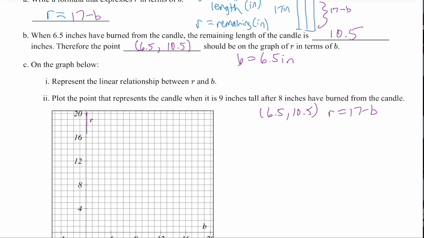They have been counting by ones in both our R and our B, our X and our Y. So we can start at 17. Our slope is -1, so we can go down 1 over 1, down 1 over 1, and so on. And you can make your line.